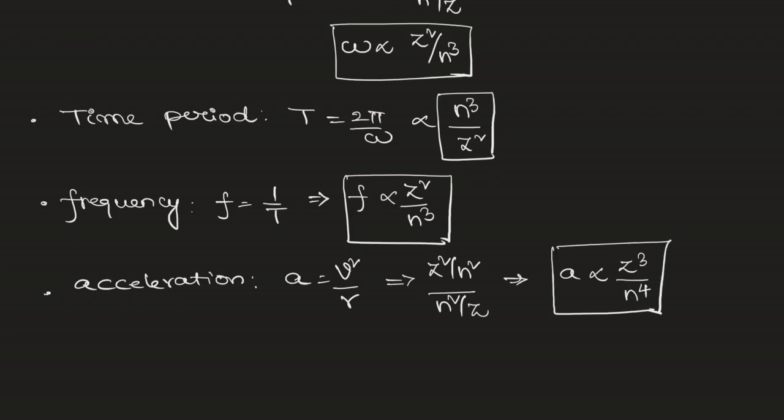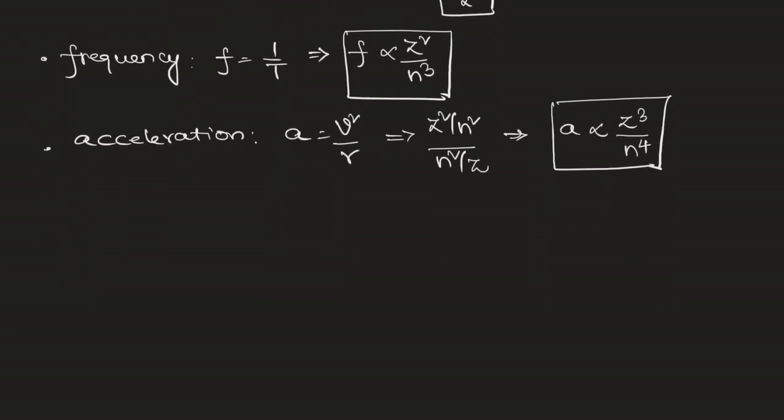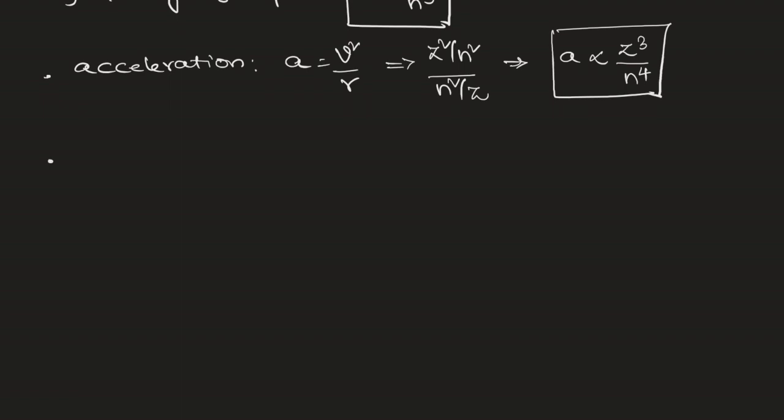That is about acceleration. Once we know acceleration, as we already know current and time, they may ask you about frequency. And once we know frequency, they will ask you about current. As the electron is moving in a circular path, that current can be defined as charge by time, or charge into frequency.